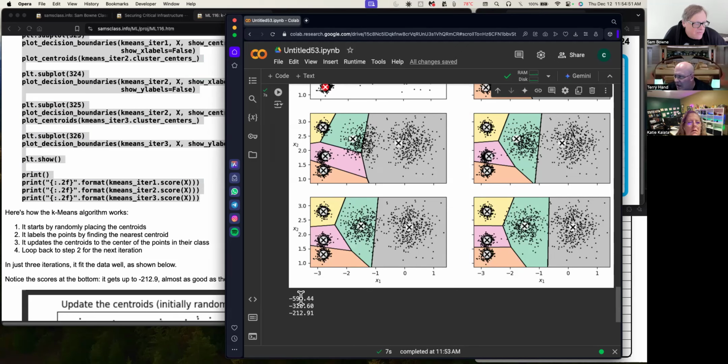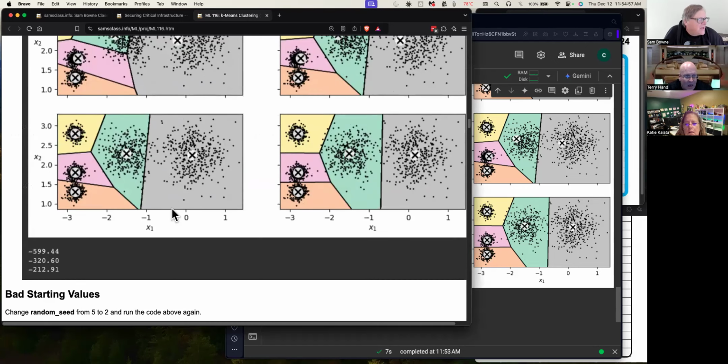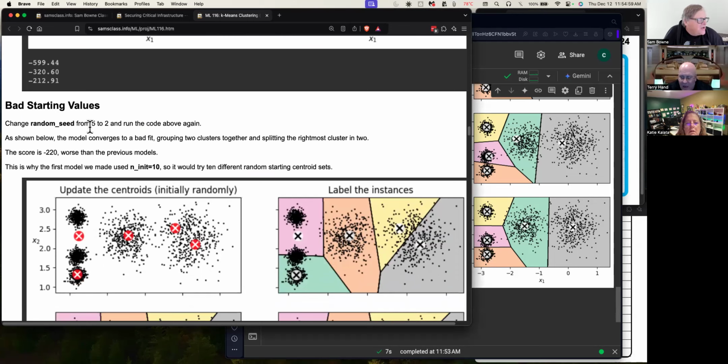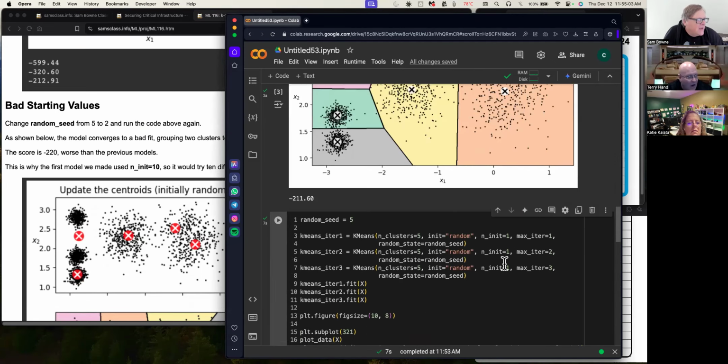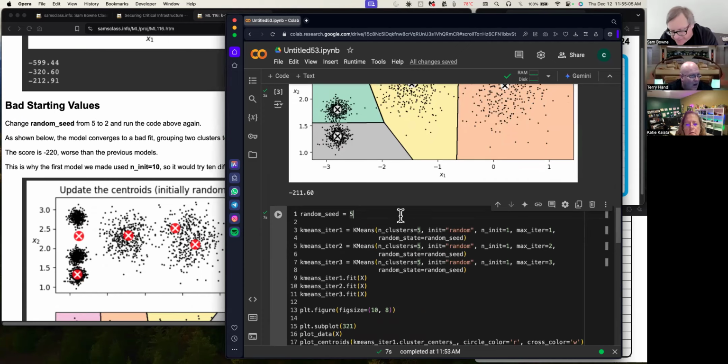See, this is the error. 599 is bad, 212 is good. The problem is, it's possible that it gets a bad start. If I change the random seed from 5 to 2 here, this will not get a good start.